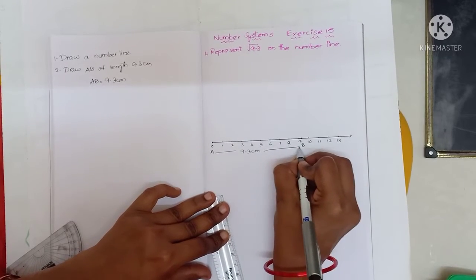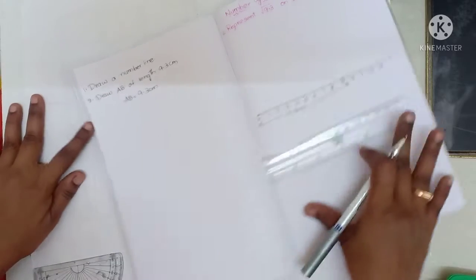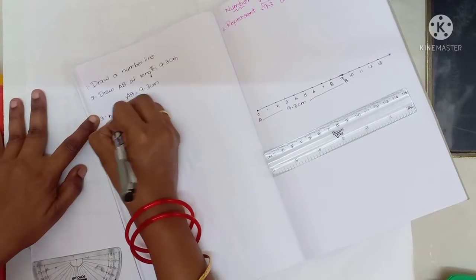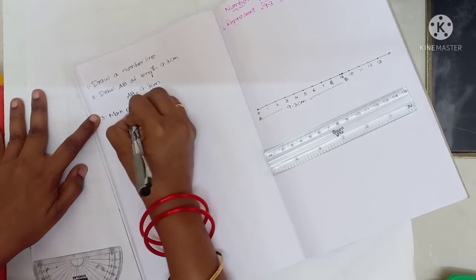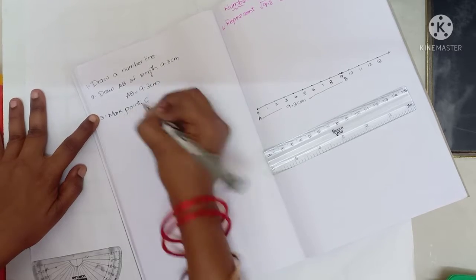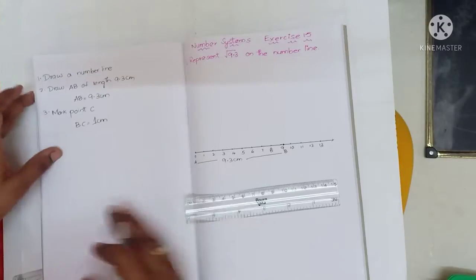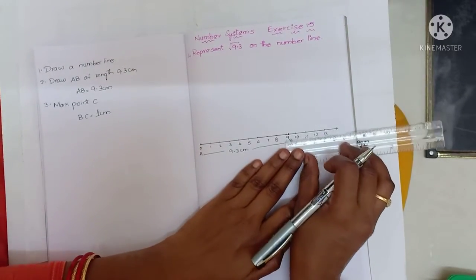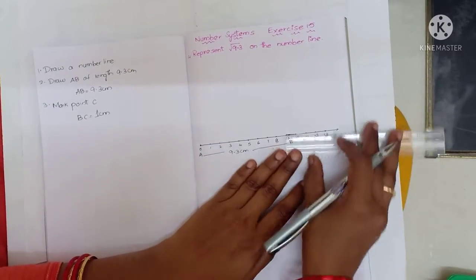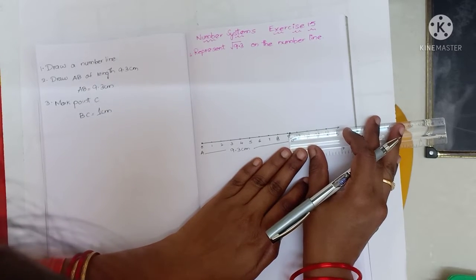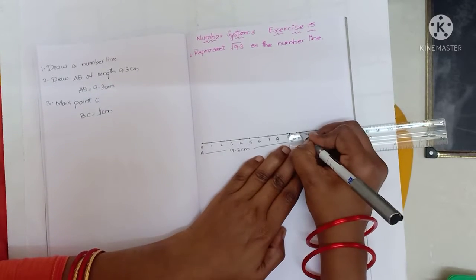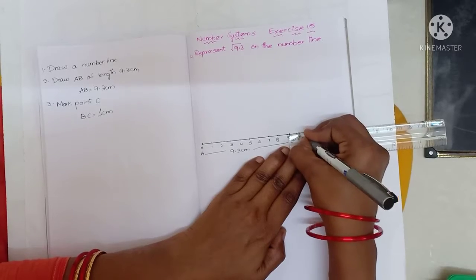9.3 centimeters. Now the third step is mark point C on the number line. BC should be 1 centimeter. Now from point B, where AB is 9.3 centimeters, measure 1 centimeter, children.